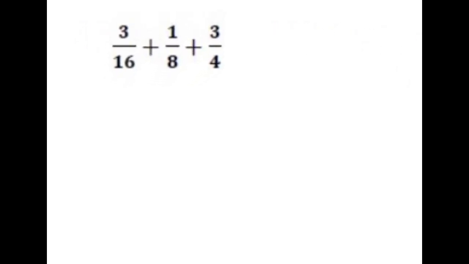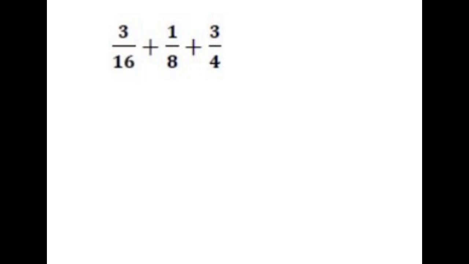Now these two problems have 3 fractions. Doesn't change the process, it just sometimes makes finding the common denominator a little bit harder. This one, however, isn't too bad because 8 goes into 16 and 4 goes into 16. So we're going to use 16.